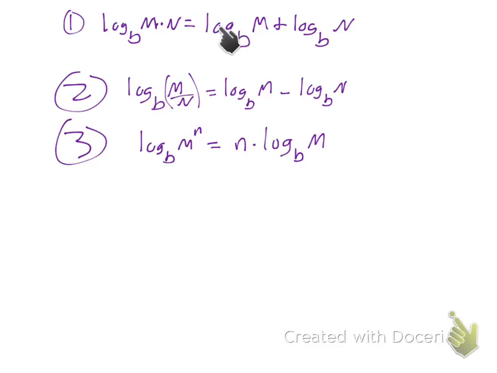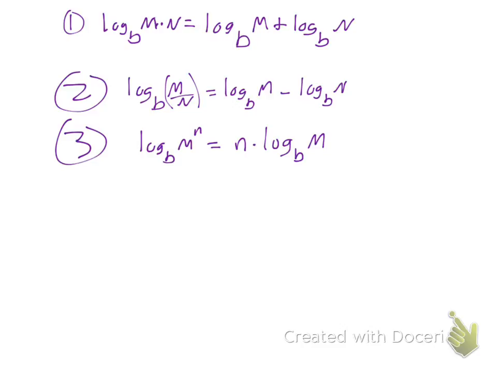If you are a positive log of the same base, you get to go to the top. If you are a negative in front, like this one, you end up going to the bottom. So it doesn't matter if I string 50 of these together. The ones that are positive go to the top and they all get multiplied together. Anything that has a negative in front will go to the bottom and be multiplied together.